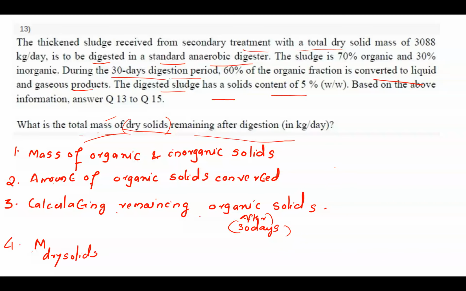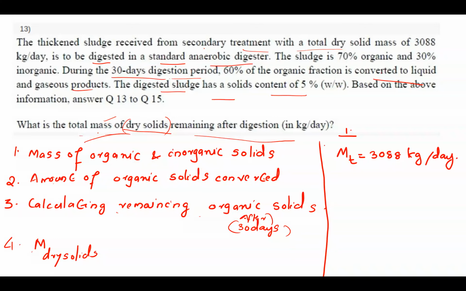So first of all we can start with this one, the mass of organic and inorganic solid. From the secondary treatment we have a total solid mass of 3088 kg per day.